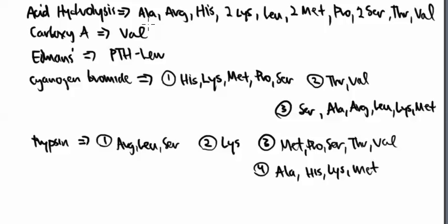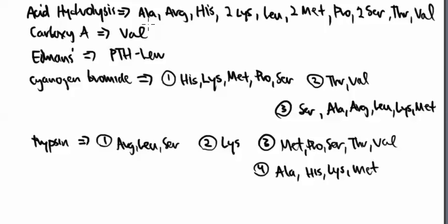We send this through a protein amino acid analyzer, and we get the following information. We see alanine showing up, we see arginine, histidine, 2 lysines, a leucine, 2 methionines, a proline, 2 serines, threonine and valine.